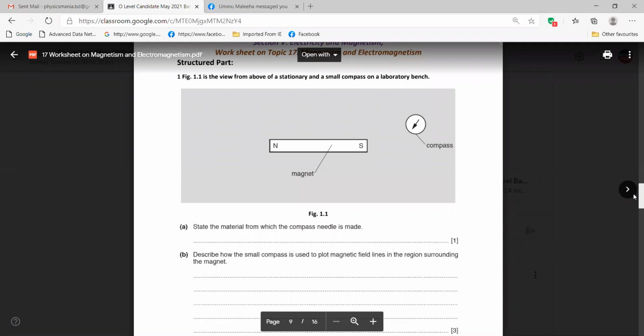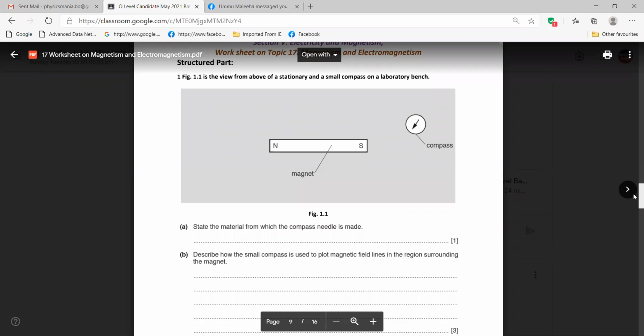Right hand grip rule: in this case the thumb is showing you the pole and the other fingers' direction is showing you the current direction through the wires, because here we are not getting a straight wire. Here we are getting wires with loops, right?